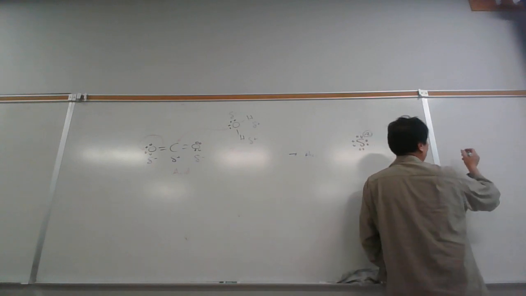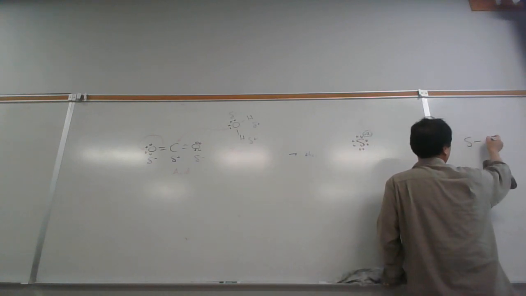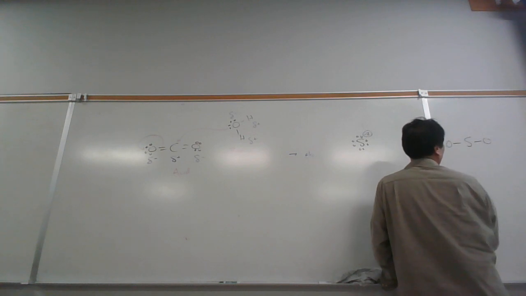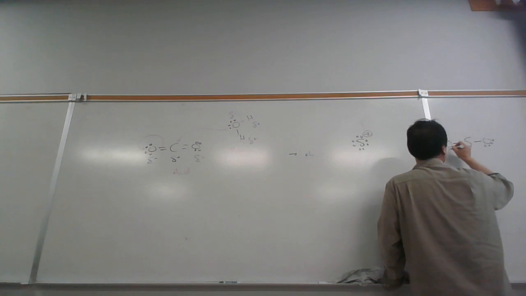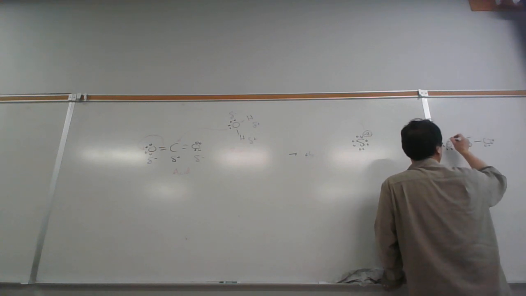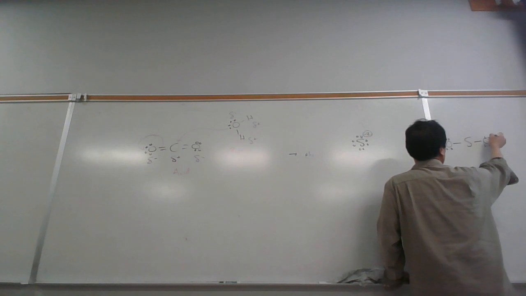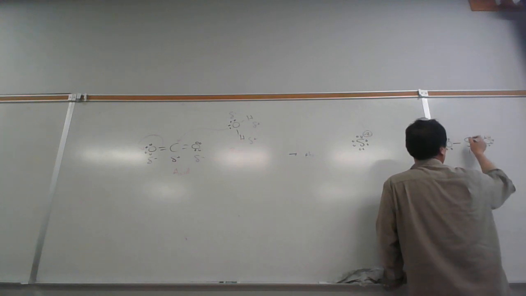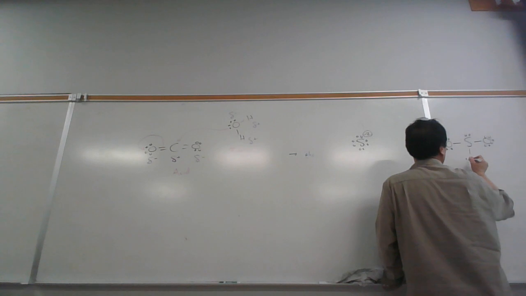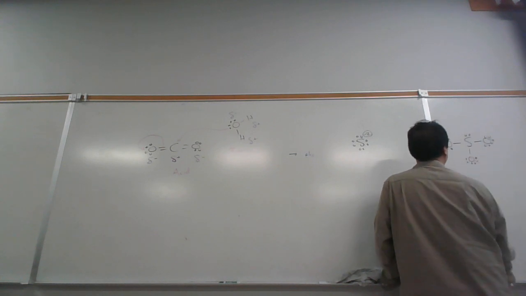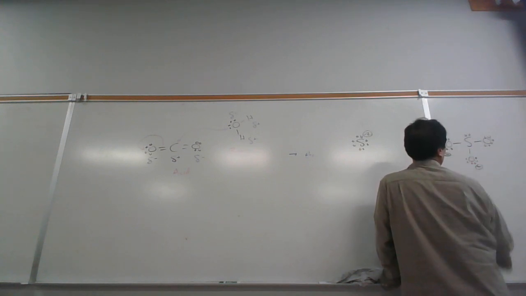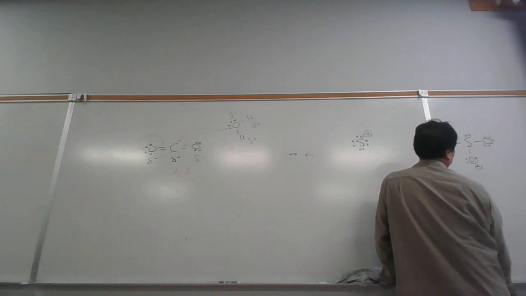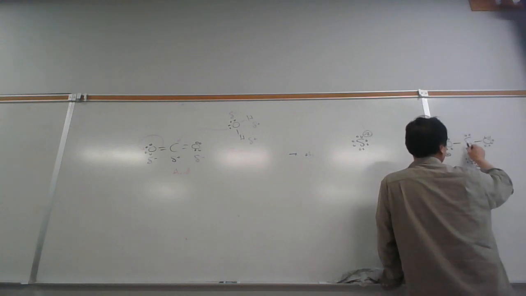Now, which structure for sulfur trioxide am I going to do? I'm just going to do the octet. The octet structure is not wrong. Let me make sure I don't have too many electrons. One, two, three, four, 5.